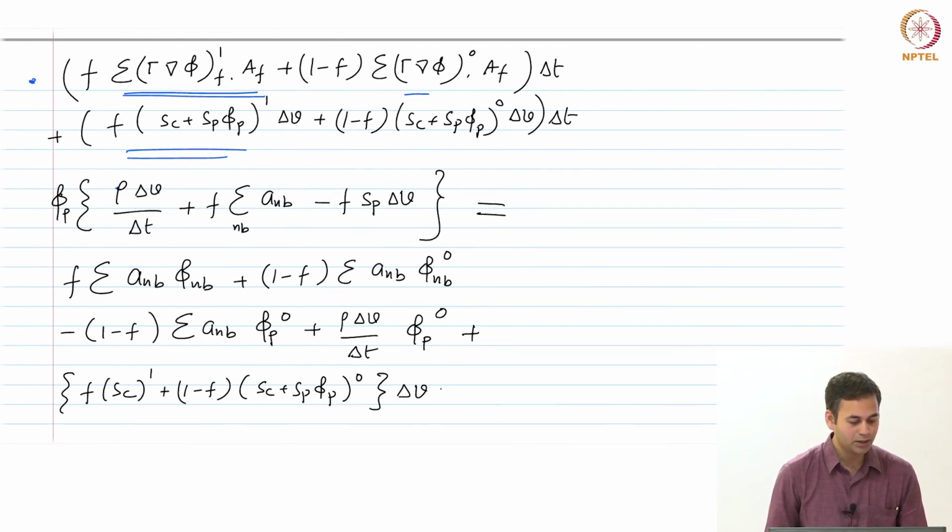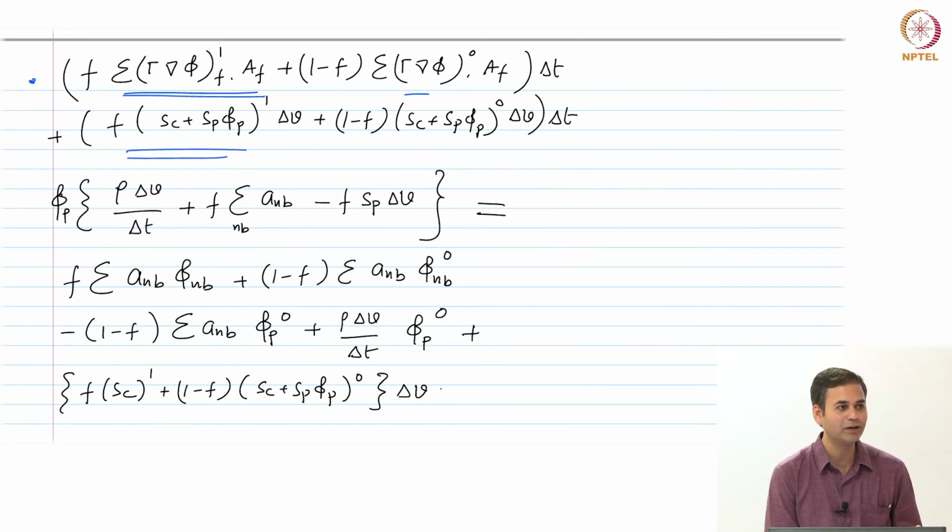SC1 is a good question. So what will be SC1? It will be SC evaluated at the current value of phi, but you have to introduce a model for it.